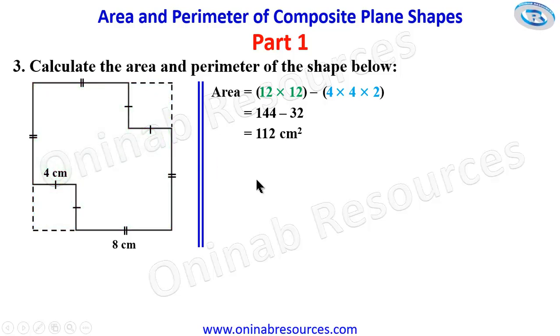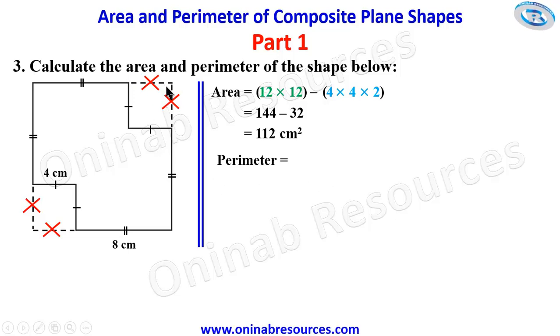So we then go ahead to find the perimeter. For the perimeter, we add the sides making up the composite shape. Remember again that the dotted line will not be taken as part of the shape.